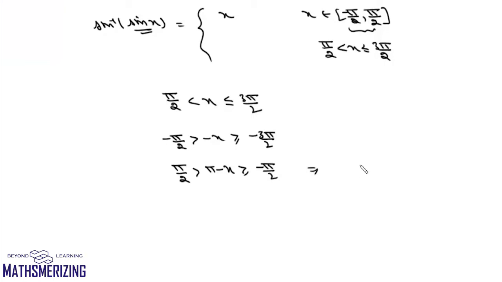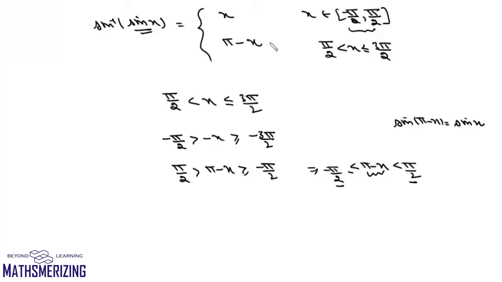So this angle pi minus x lies between minus pi by 2 and plus pi by 2, and we know that sine pi minus x is the same as sine x. So if we replace x with pi minus x, then this angle lies in this principal value range, and also its value will remain the same. So it will still be sine x.